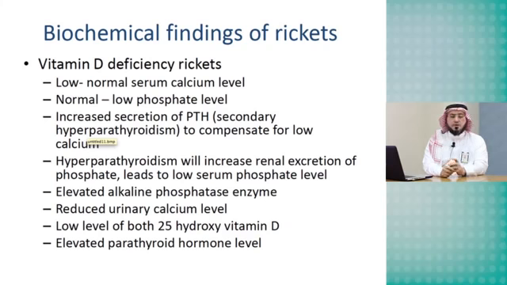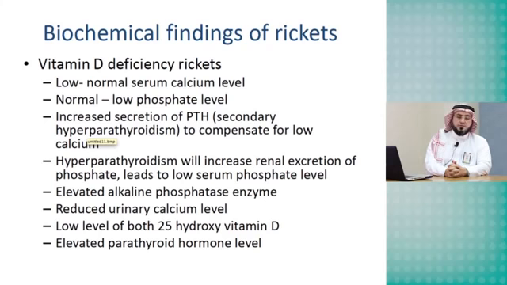How come low or normal? In the beginning of the disease there will be low calcium, and then when we have compensatory secondary hyperparathyroidism, we will have a normal serum calcium.